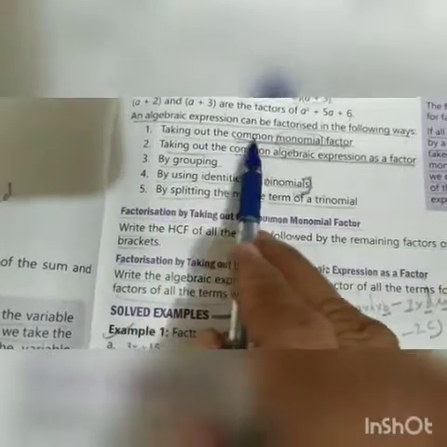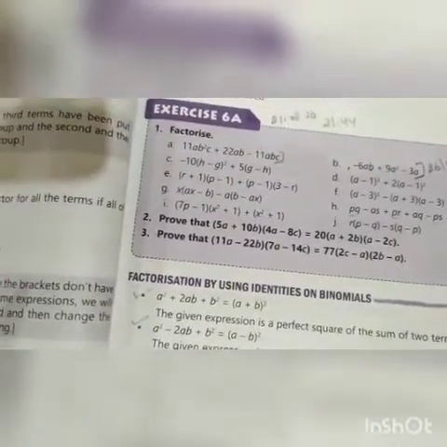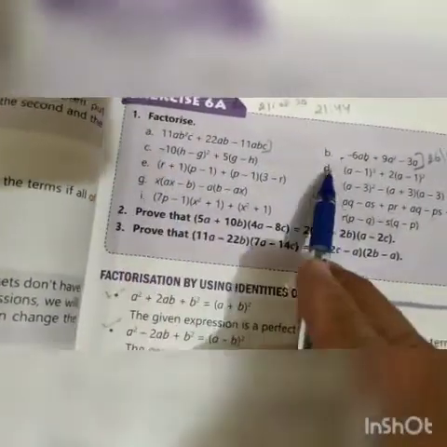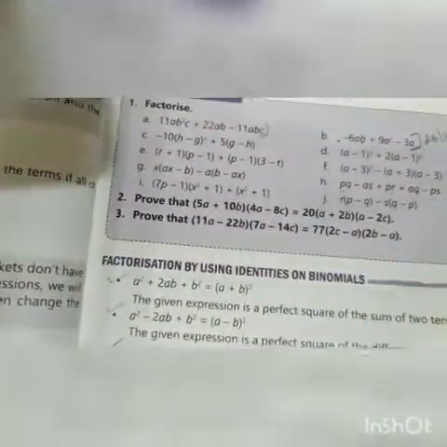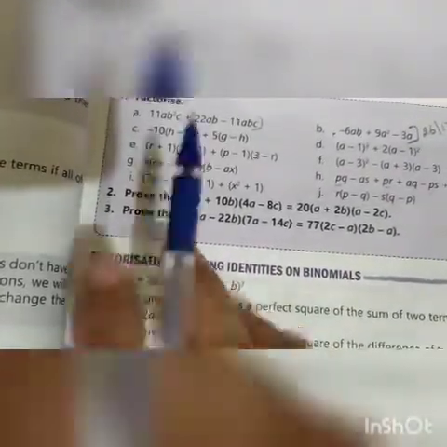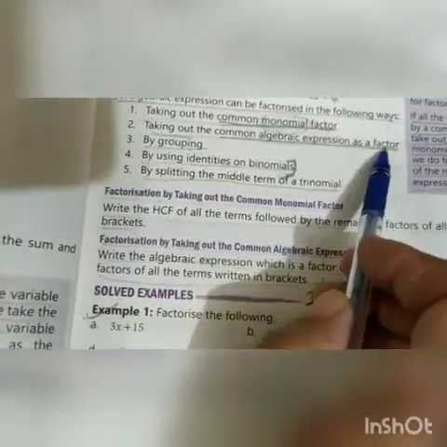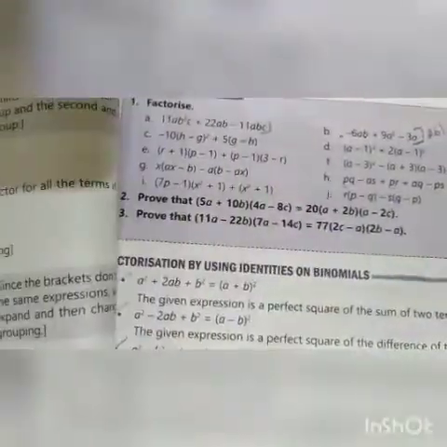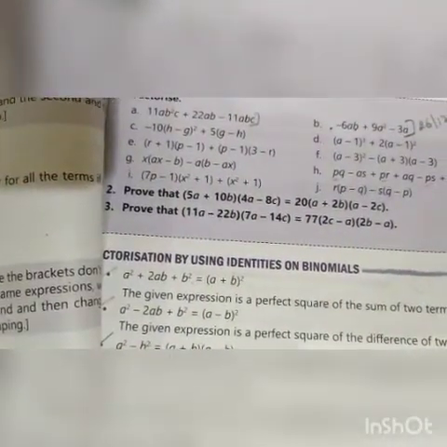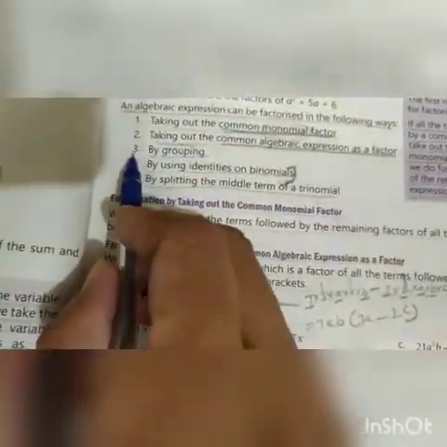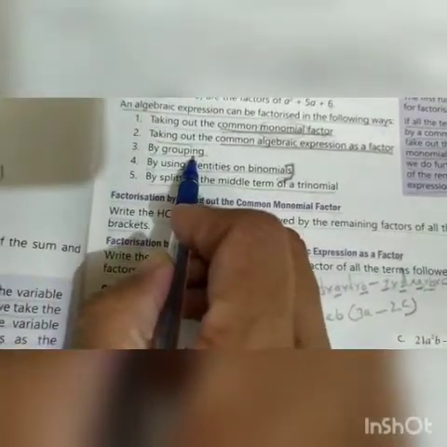The first method was taking out the common monomial factor, which we used in first A and B. Now these C, D, E, F, G are based on the second method, taking out the common algebraic expression as a factor. After this, the next question, that is H. H is based on the third method, by grouping.